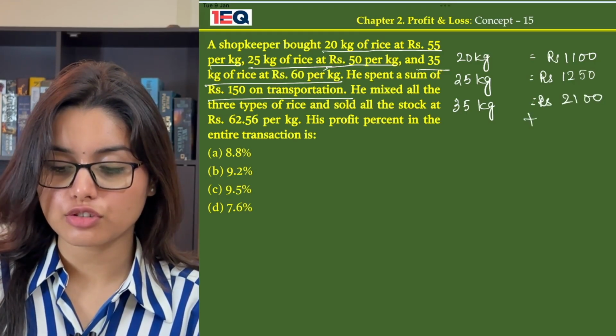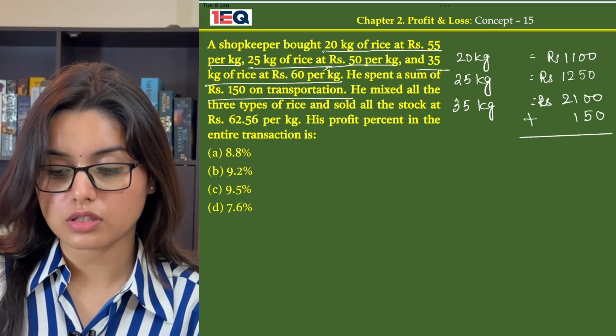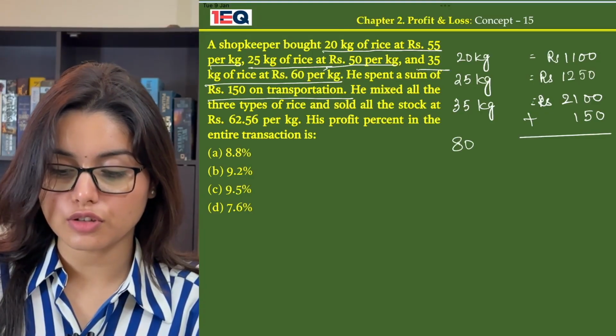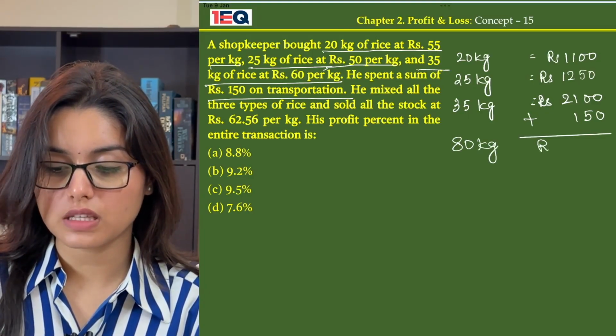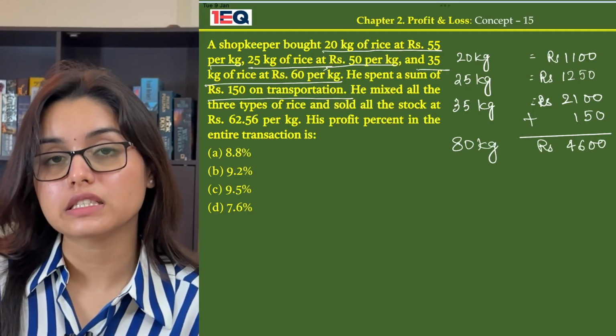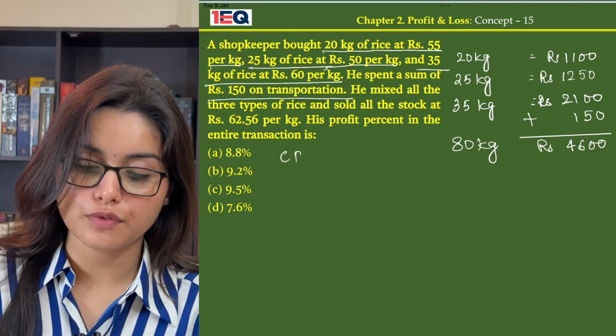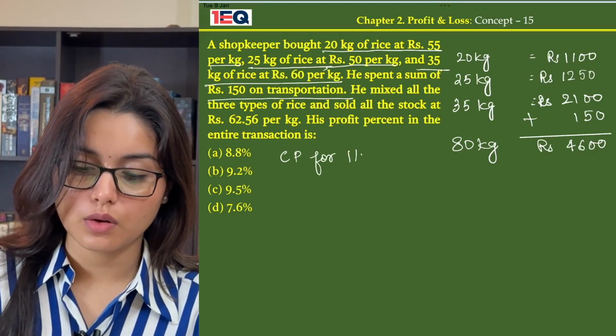He spends an extra rupees 150 on transportation. So his total cost price for 80 kg of rice is rupees 4,600.